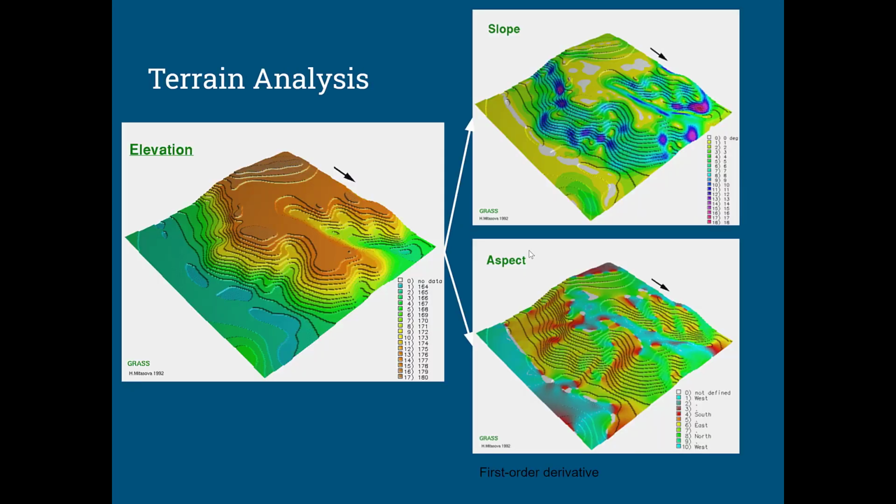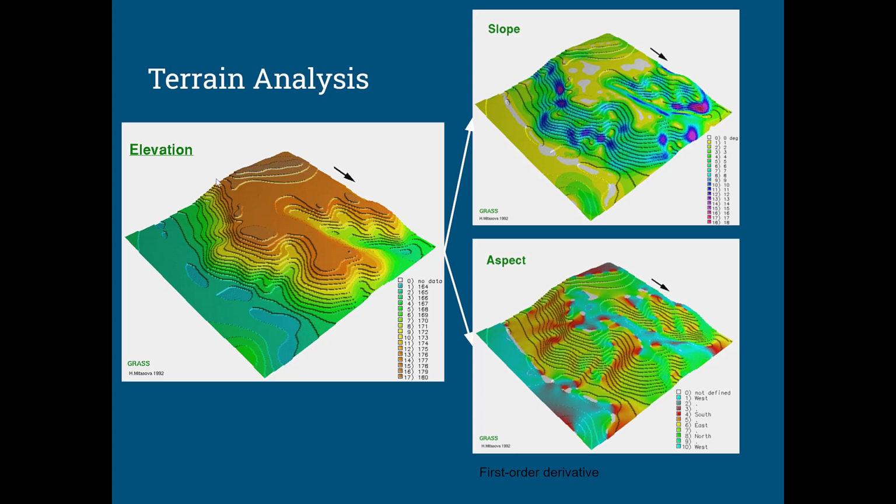Okay, another set of tools you're going to use a lot when you do raster analysis is terrain analysis. In ArcGIS Pro, the toolbox has a tool set called surface analysis that's specifically for terrain. The basic idea is you only need the elevation data layer, the digital elevation model, or DEM.